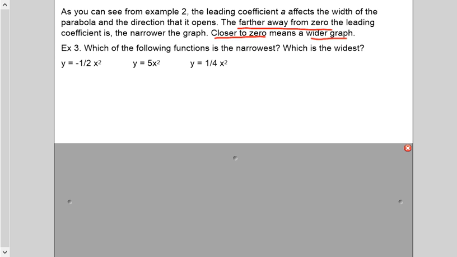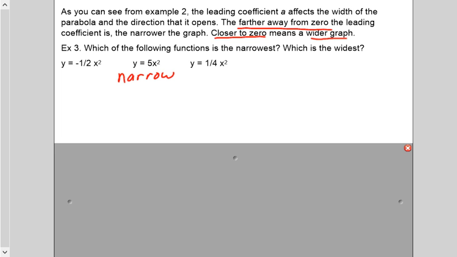So here's the 3 you have to choose from. The narrower one is the number that's farthest away from 0, the biggest positive or the biggest negative. The 5 is the number out of all 3 of those that's farthest away from 0. So it gives you a narrow graph.